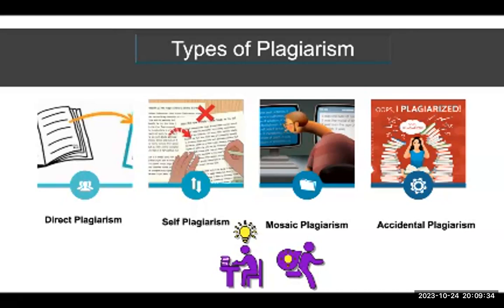Then the last one is accidental plagiarism. Being human beings, we can make mistakes, and this is a big clue for us: we didn't do it intentionally, but we are doing it accidentally and unintentionally. I have quoted your work, but I was not planning to do it.